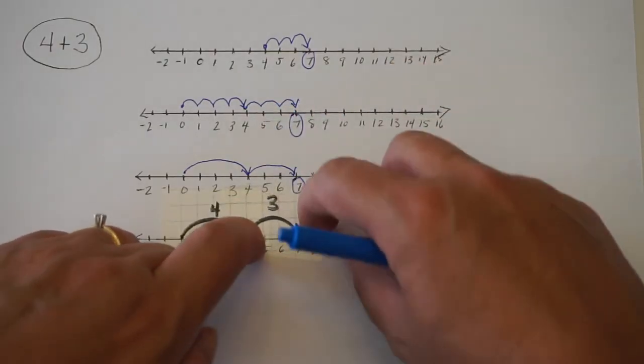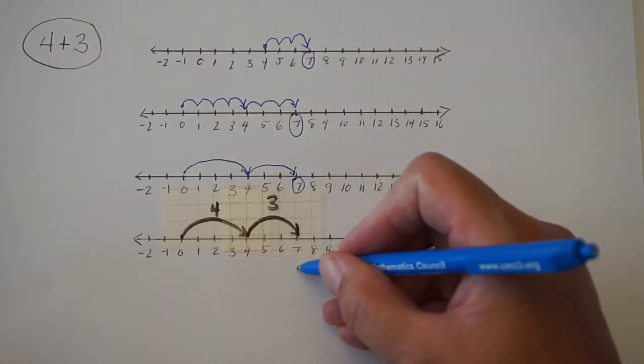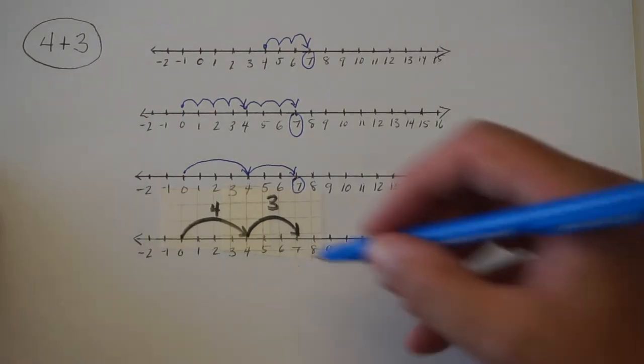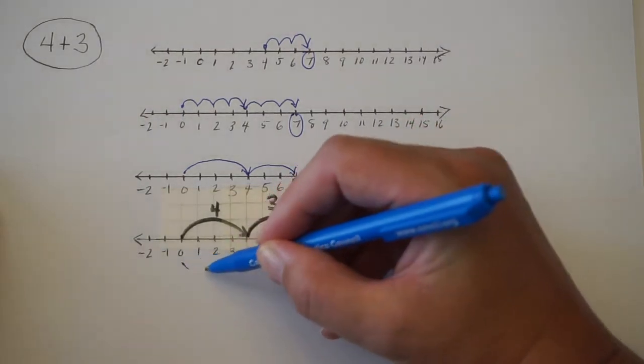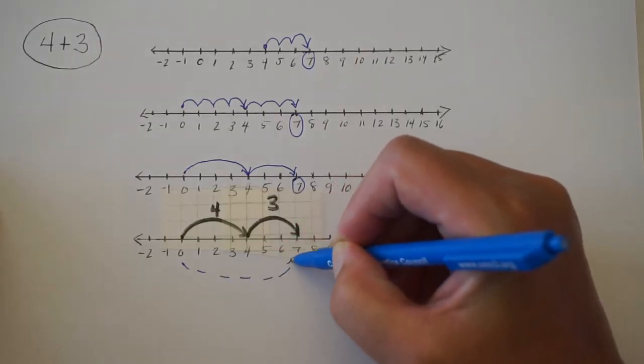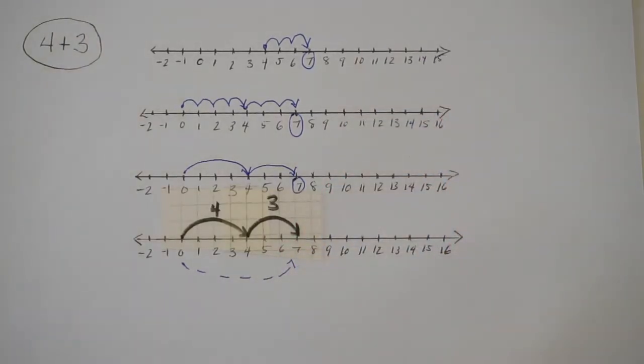We land on 7, so 7 is the result. 4 plus 3 is equal to 7. One of the things you'll see in the textbook is that the authors sometimes insert another arrow using a dotted line. They call this a resultant. That's not something that I'm going to expect. You may or may not find that helpful.